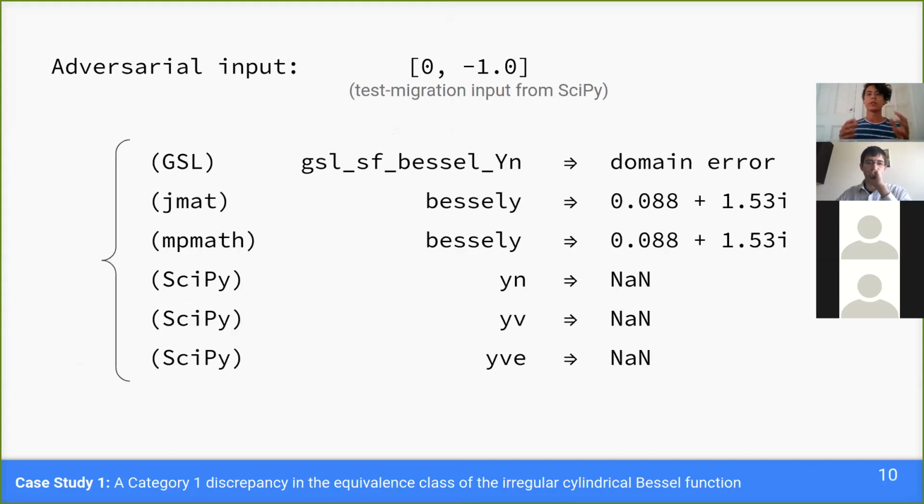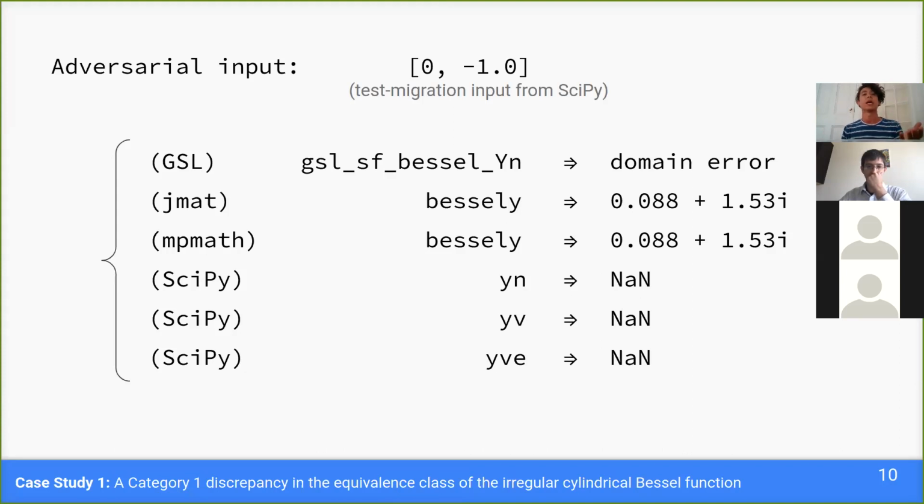So I just want to conclude then with 3 examples of discrepancies that FPDiff found. This first one is a category 1 discrepancy, which were the discrepancies that were dropped from the complete set of 655. Category 1 discrepancies are not reliably very buggy. They're not as severe, and they represent cases where library developers made different choices with respect to the implementation.